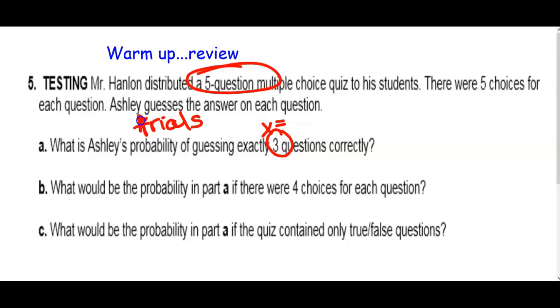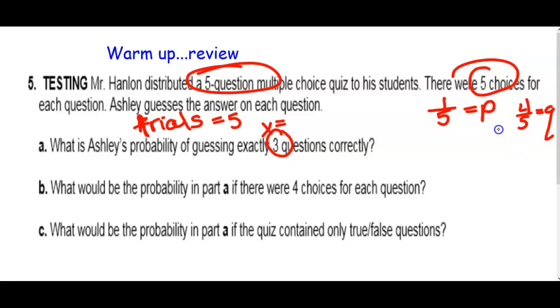That's supposed to be a T. Now, if there are 5 choices and one of them's right, then there's a 1 in 5 probability of success. There would be a 4 in 5 probability of failure. If we were doing it by hand, we would do the number of combinations where there's 5 attempts, she wants to get 3 of them right, times the probability of success, 3 times the probability of failure, and she would be missing 2 of them.